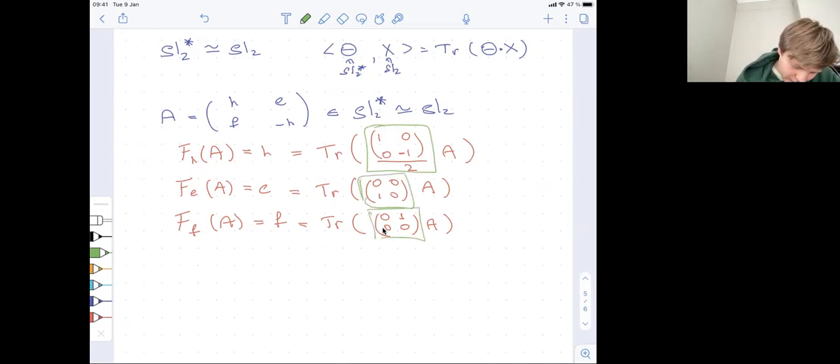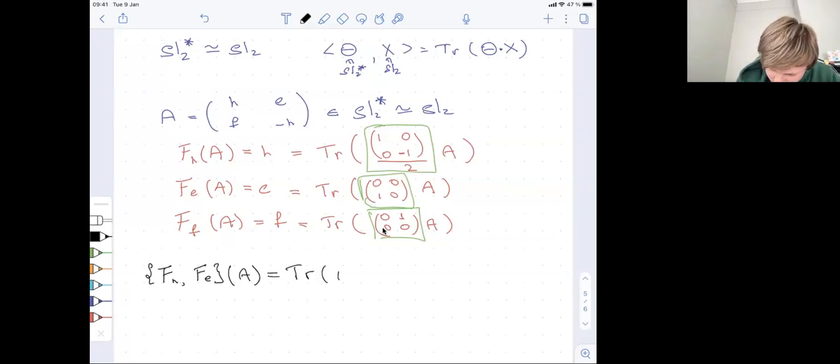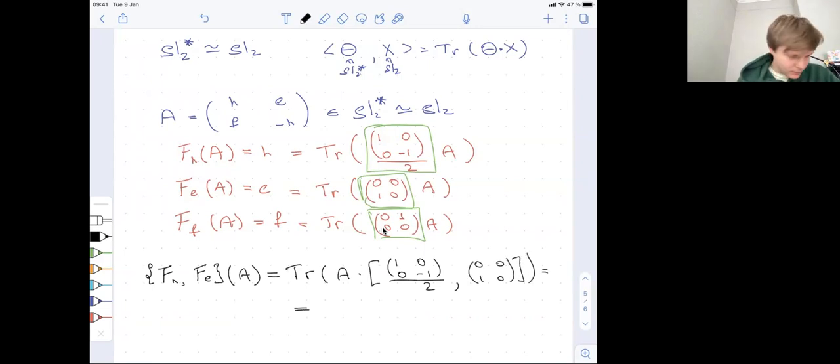Now, if I want to compute the Poisson bracket between, for example, f_h and f_e evaluated at point a, what I do is I just take the trace of a multiplied by 1, minus 1, 0 divided by 2 with 0, 0, 1, 0. If you compute it, you will obtain that this thing equals e, and you obtain f of e at point a.